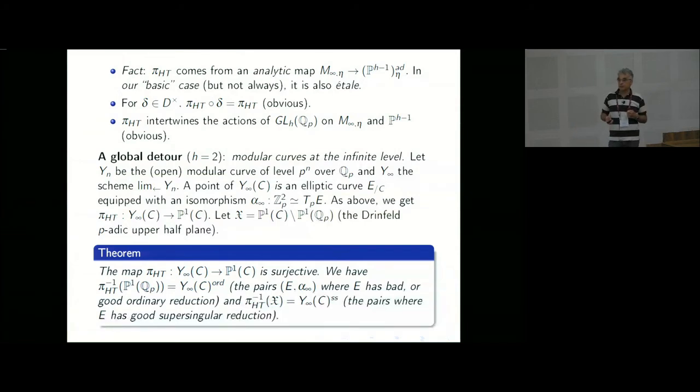The elliptic curve E will have good ordinary reduction or bad, but since it's over an algebraically closed field, it will be split multiplicative. The inverse image of the complement of P^1(Q_p), which is the Drinfeld upper half plane, is the supersingular points, the points where E has good supersingular reduction.